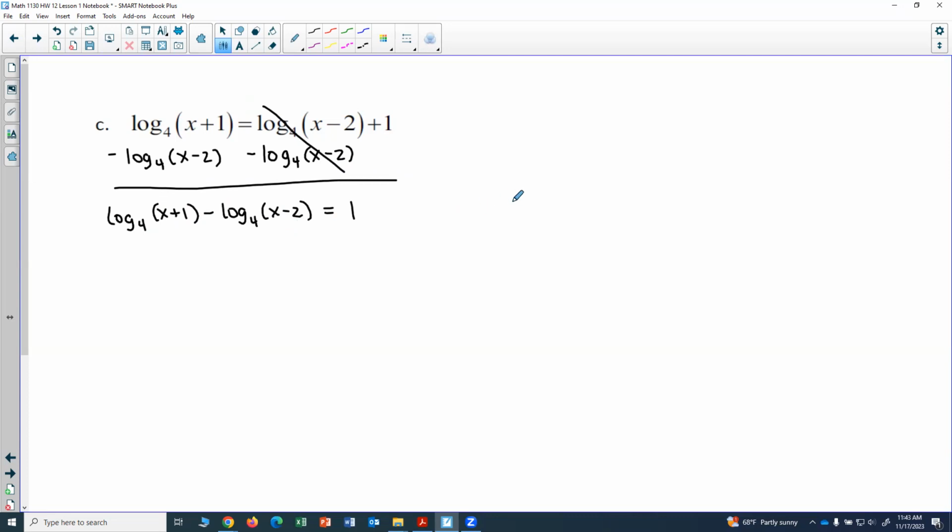Now I'm going to use log properties to combine. So I wanted to use the quotient property here because I have subtraction. The quotient property says that if I have log base b of m minus log base b of n, that's equal to log base b of m over n.